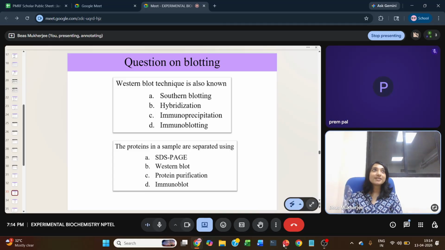So in which subject do you study about antigens and antibodies? Which part of biology do you study about these? The proteins in a sample are separated using SDS-PAGE, Western blot, protein purification and immunoblot. So antigen and antibody you study about where?